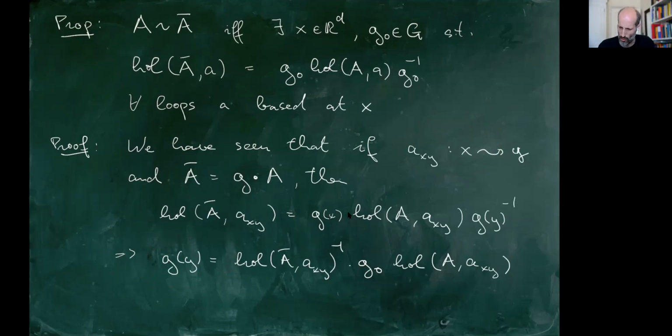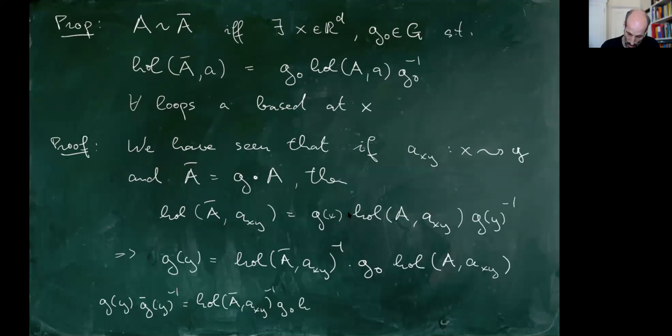But that's quite easy to check, because say I define G bar of Y in the same way, but replacing A by A bar, where A bar is just a different path that goes from X to Y, okay? Then I can just check what is, say, G of Y times G bar of Y inverse, right? So this would just be, well, the thing that I've here, right? Holonomy of A bar along AXY inverse, G0, holonomy of A along AXY.